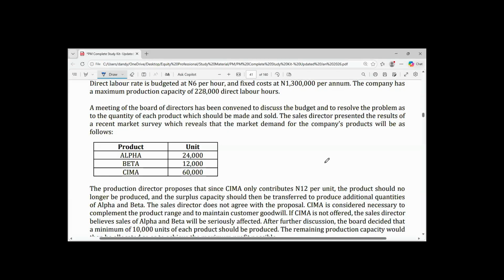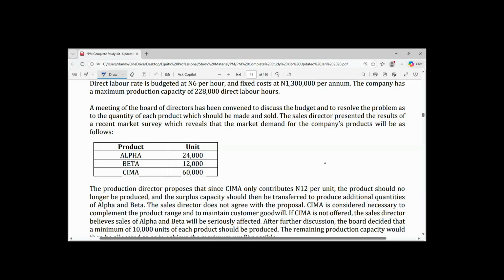That's why this first step is very key. You don't follow what the examiner is telling you. The fact that the examiner is telling you that there's a constraint in labor hours or material kilogram does not mean that you have to believe that. It is your responsibility to carry out the confirmation of the insufficiency in the key factor.